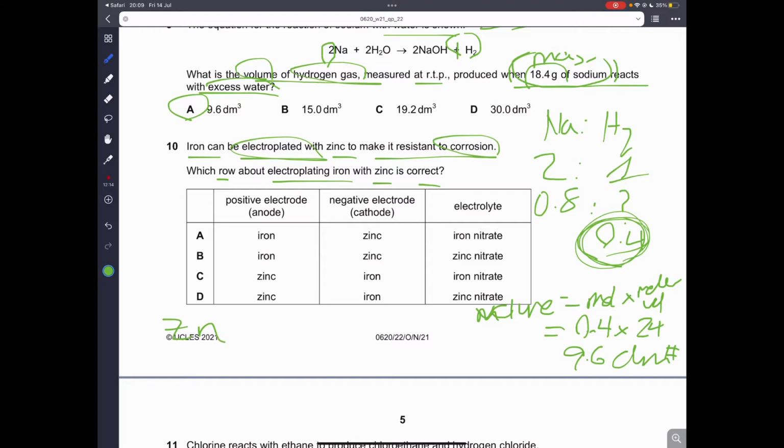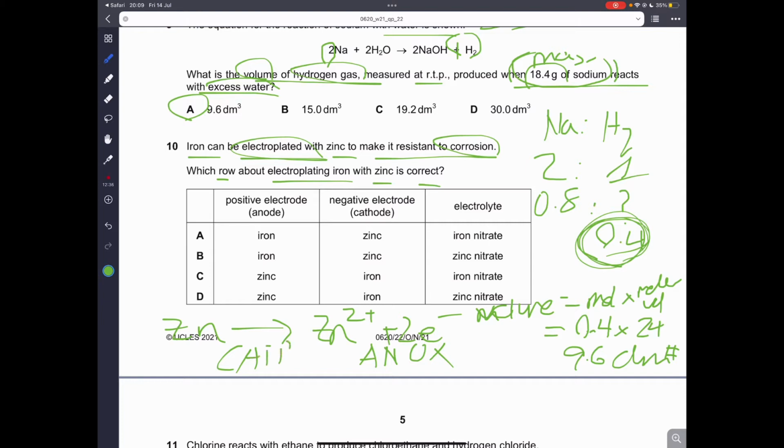So this zinc has to lose the electrons, which means it's going to form Zn2+ plus 2 electrons. This is an oxidation reaction, and remember, oxidation only takes place at the anode. Remember, An Ox and Red Cat.